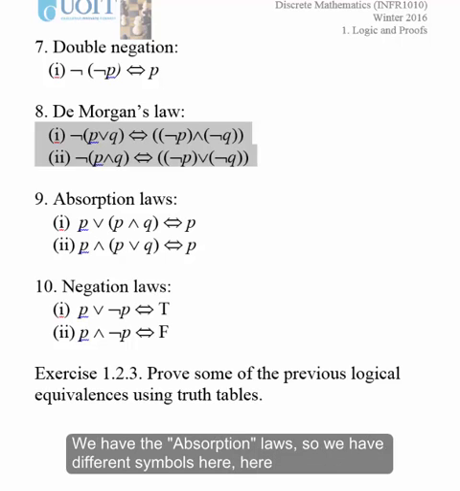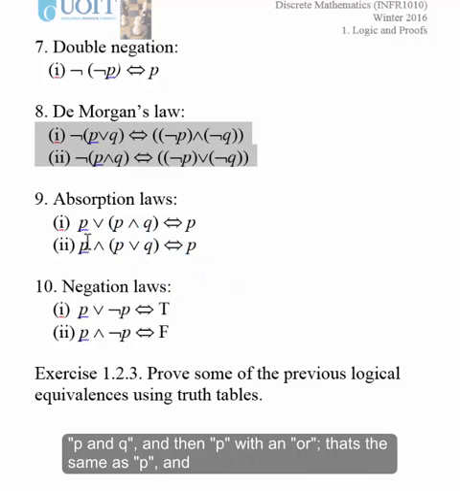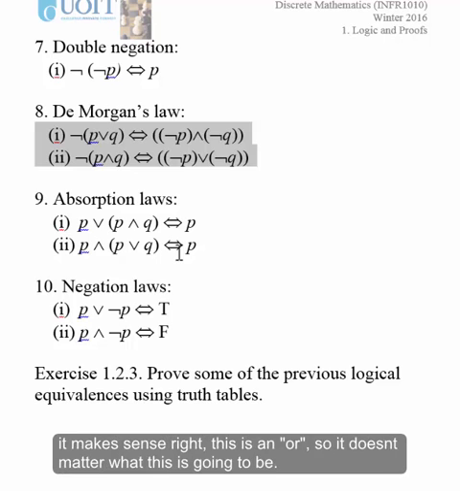We have the absorption laws, so you have different symbols here, P and Q, and then P with an OR. That's the same as P, and it makes sense, right? This is an OR, so it doesn't matter what this is going to be.